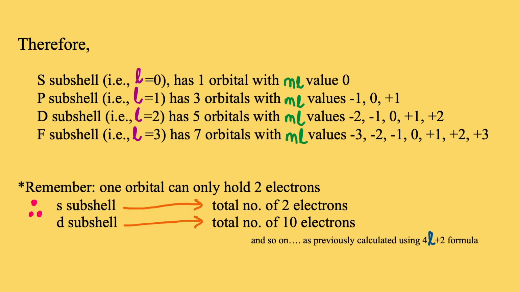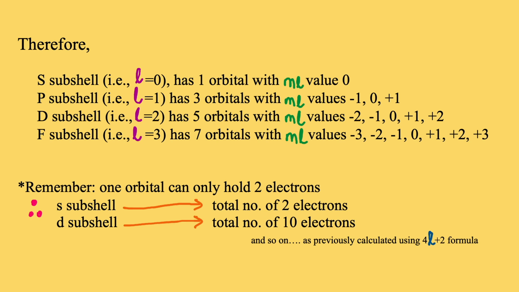For example, the S subshell, i.e., the subshell with L equals 0, has one orbital with the ML value of 0. P subshell has 3 orbitals with the ML values of negative 1, 0, plus 1.